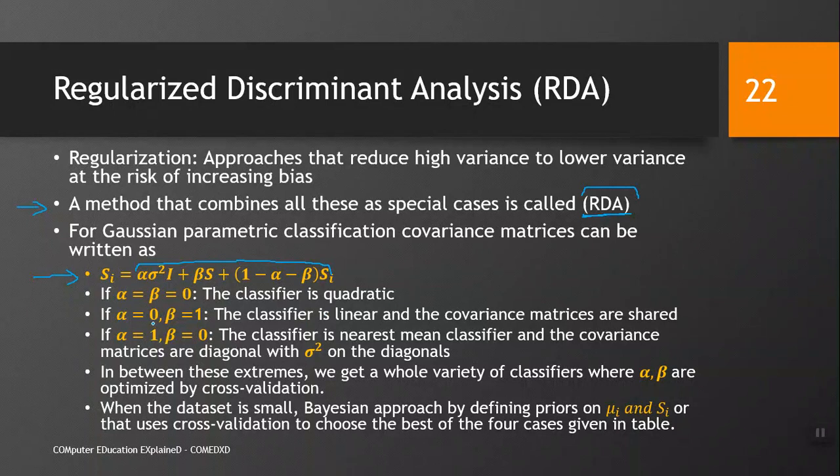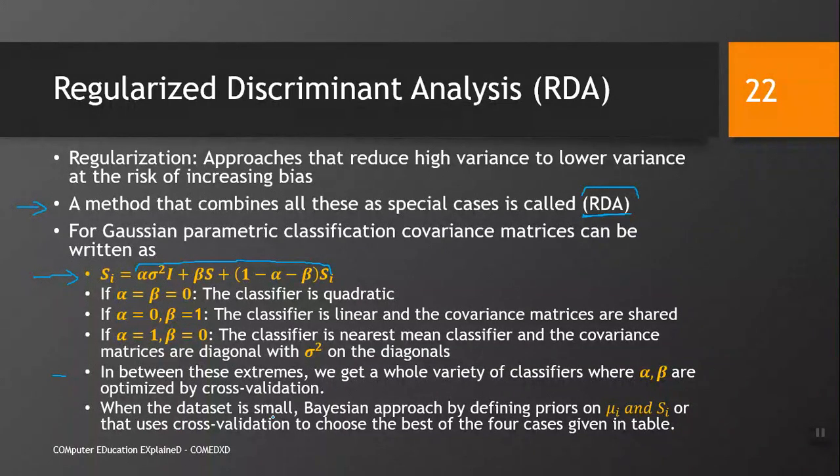If alpha is 0 and beta is 1, the classifier is linear and the covariance matrices are shared. If alpha is 1 and beta is 0, the classifier is the nearest mean classifier and the covariance matrices are diagonal with this variance on the diagonal. In between these extremes, we get a whole variety of classifiers where alpha and beta are optimized by cross validation.